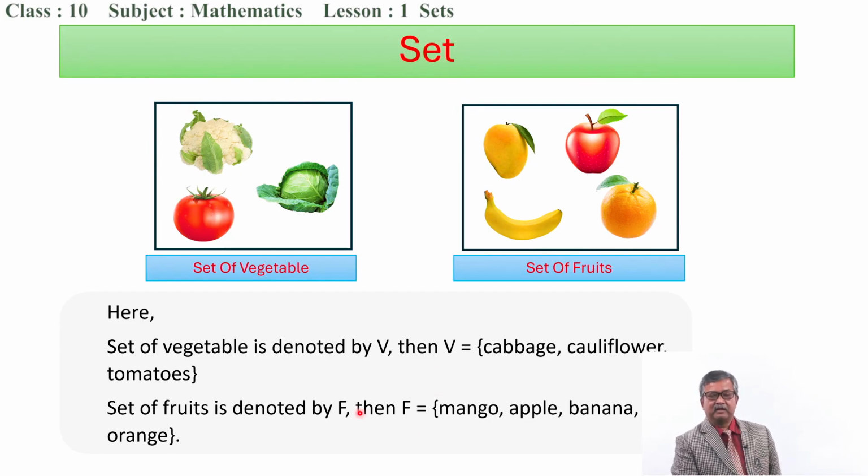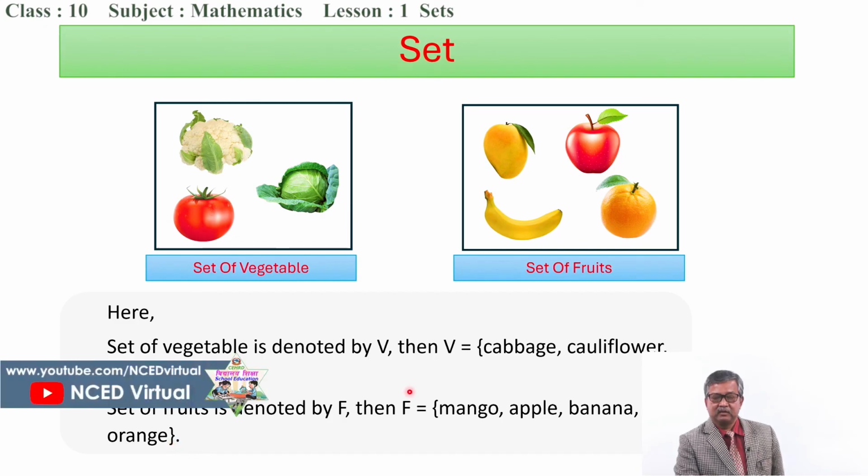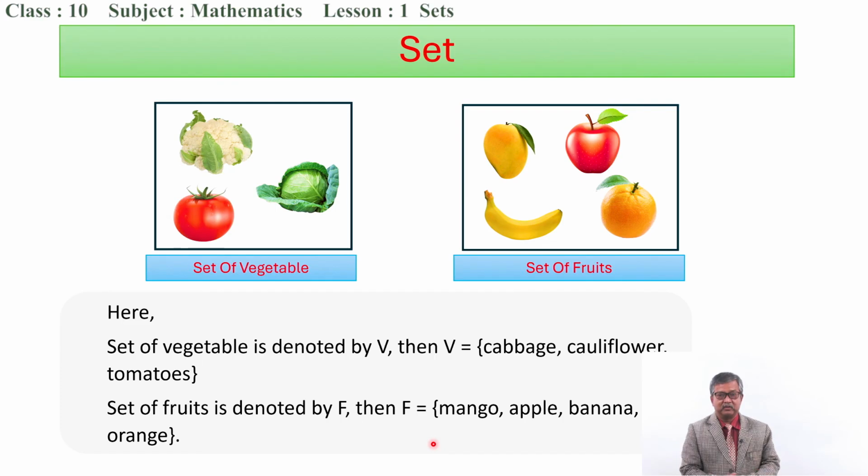So set F = {mango, apple, banana, oranges}. In this way we have to represent the sets which we form.